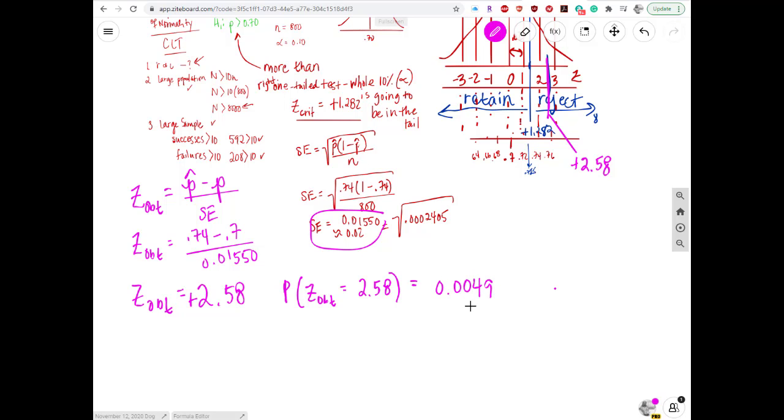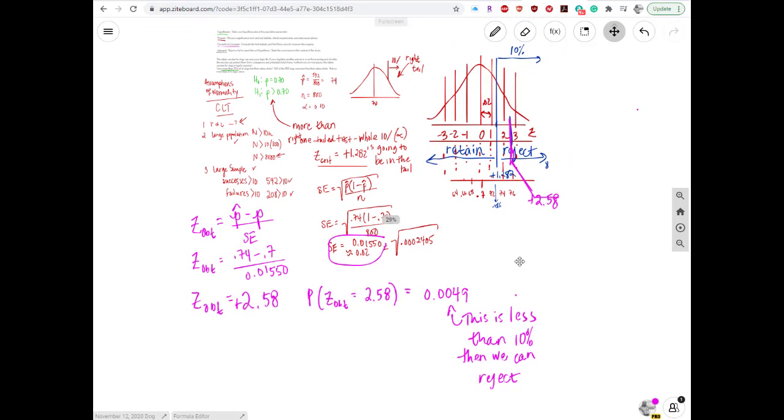Okay, and since this is less than 10%, which we were willing to risk of committing a type 1 error, then we can reject. Yay! Because we're right here, we're in the area of rejection. Far over in the area of rejection. Awesome. Okay, so we computed and then we compared. And that is the third step.